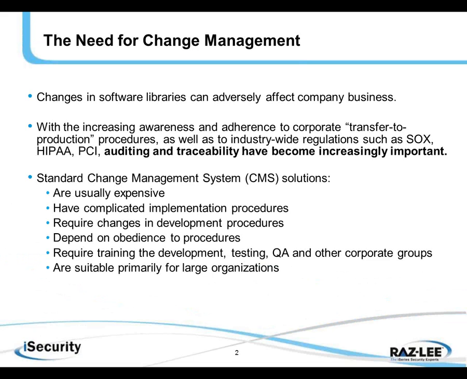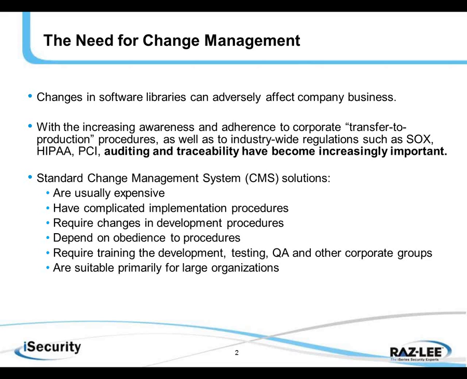As there is an increasing awareness and adherence to transfer to production procedures because of industry-wide regulations such as SOX, HIPAA, PCI, we're seeing that auditing and traceability of changes made to software are really critical to the ongoing functioning of a corporate data center.